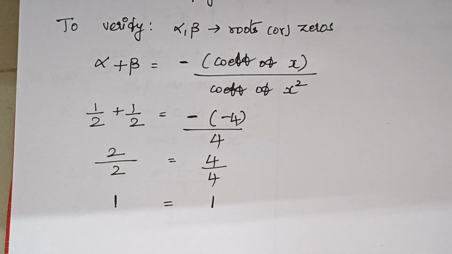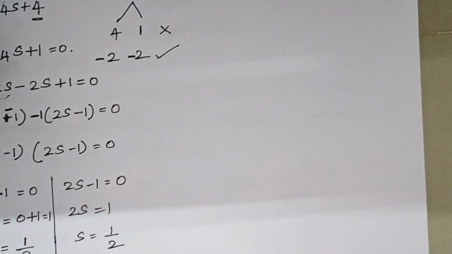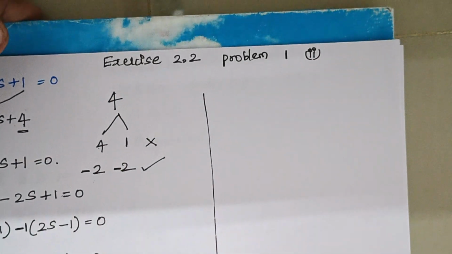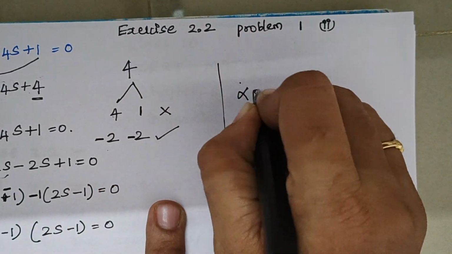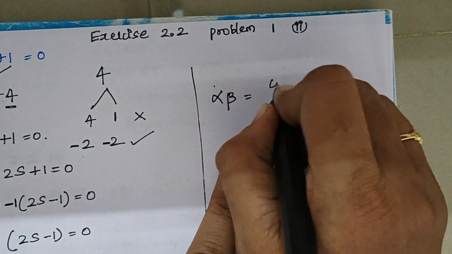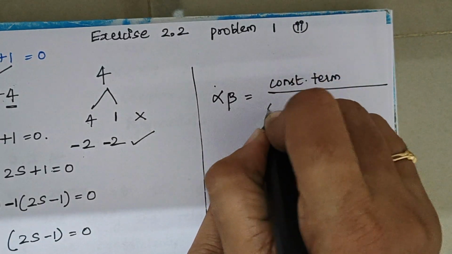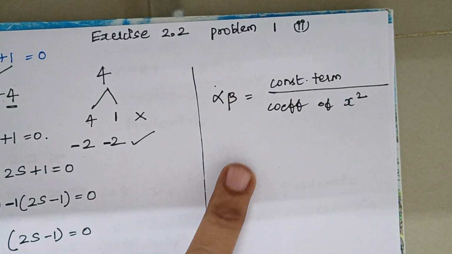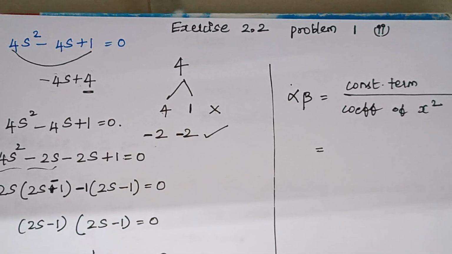Now let us check the product of the zeros. The product, alpha into beta, is equal to the constant term divided by the coefficient of x square. What is the constant term here?